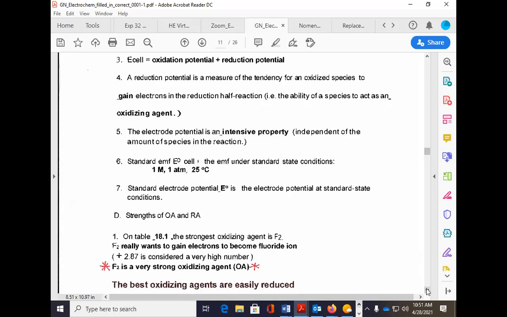So the way this works, the best oxidizing agents are easily reduced. That's always.